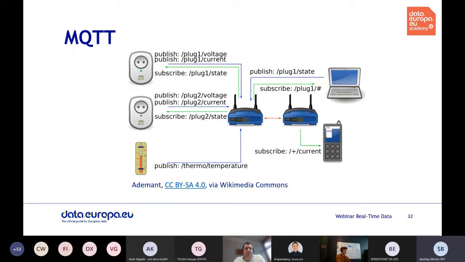The thermometer also publishes its information, and then, for example, you as a computer can also connect to the broker, and you can subscribe, for example, to this plug number 1, so this one here, and subscribe to all the data coming from this plug to get it immediately into your computer.